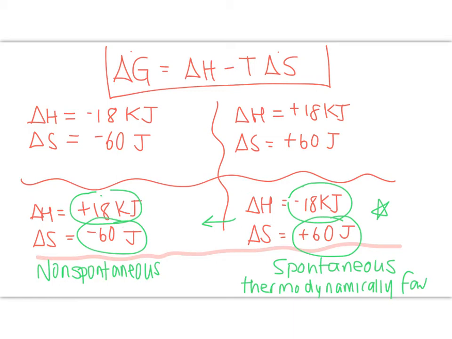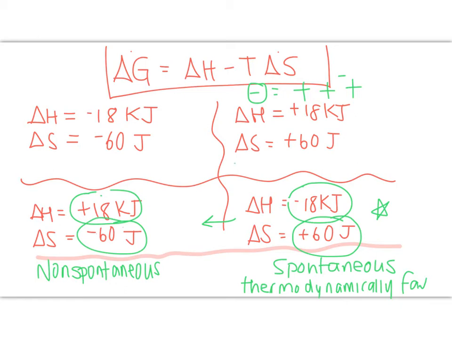In the upper right-hand corner, we have a positive minus a positive. So if we are at high temperatures, the reaction will give us a negative delta G, and the reaction would be considered spontaneous. To determine what temperature that would have to be, you can do the following.